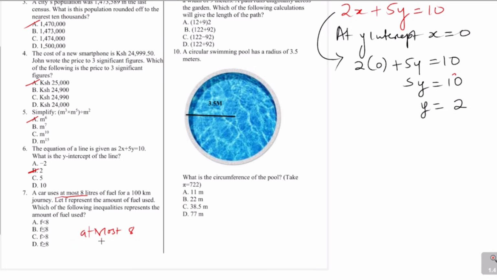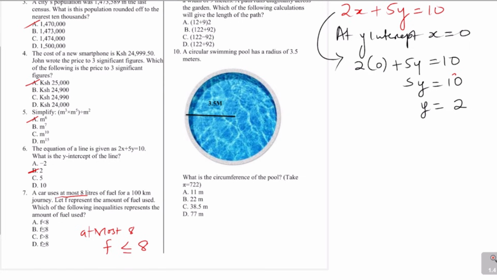At most 8 means that it should not go beyond 8. It should be either less than, or equal to 8. That is what we mean by at most 8.